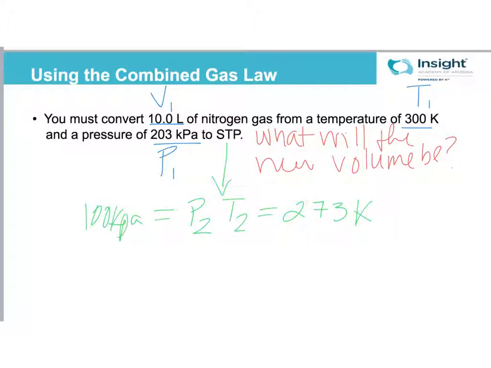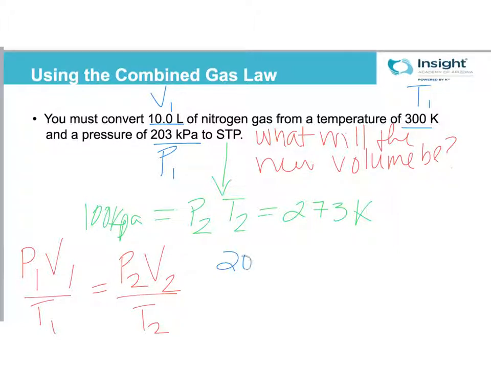So this is a combined gas law problem. So we've got P1 V1 over T1 equals P2 V2 over T2. So let's plug in what we know. Our starting stuff is 203 times 10 divided by 300.